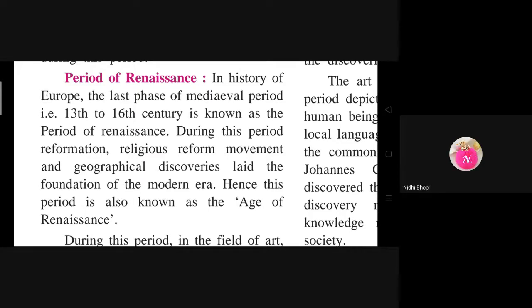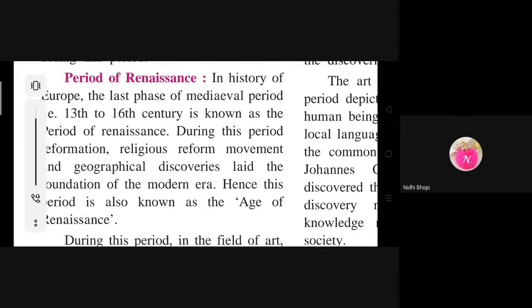Period of Renaissance. In the history of Europe, the last phase of the medieval period, that is 13th to 16th century, is known as the period of Renaissance. During this period, Reformation, religious reform movement, and geographical discoveries laid the foundation of the modern era.